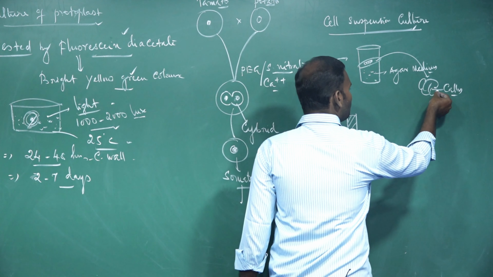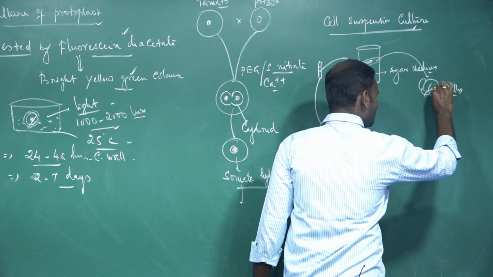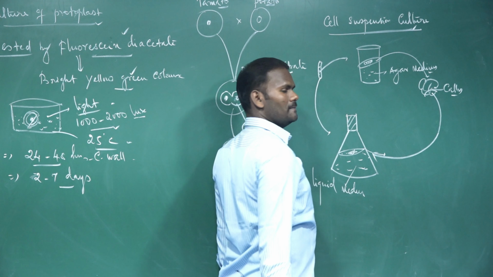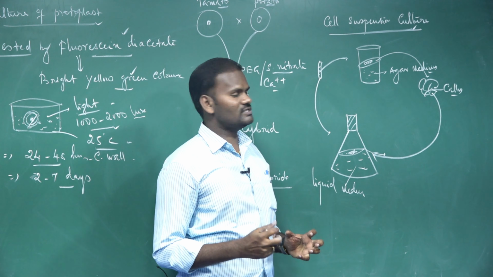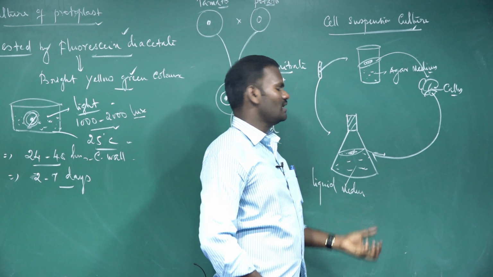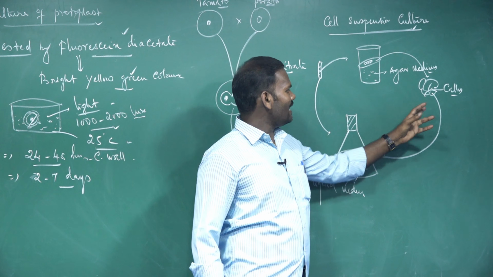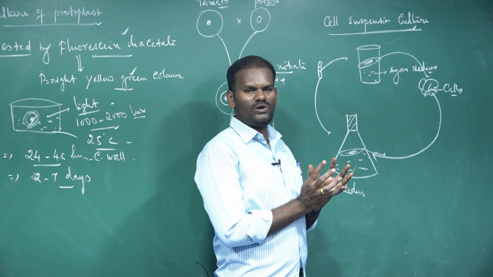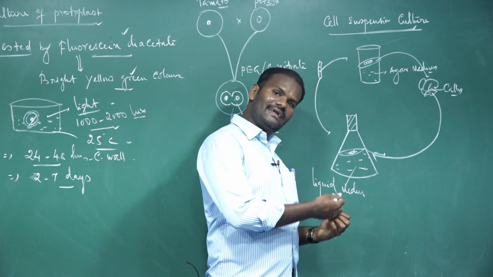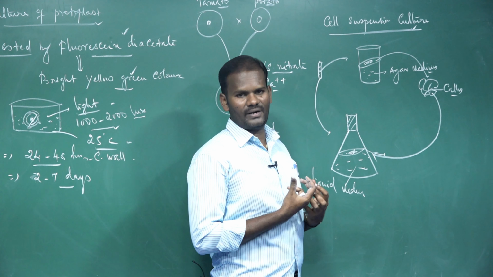A small portion of the callus is introduced into the liquid medium. What is the purpose? Because callus is a mass of cells, they cannot get aerated. It does not develop into an entire plant body.